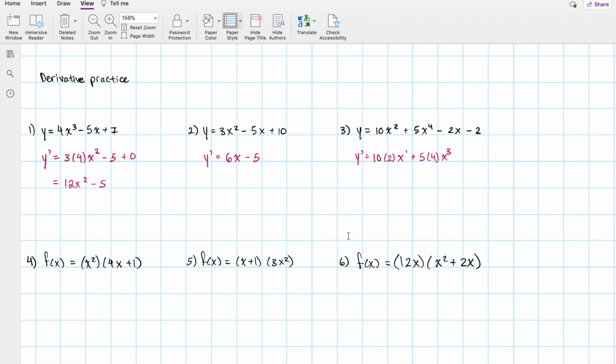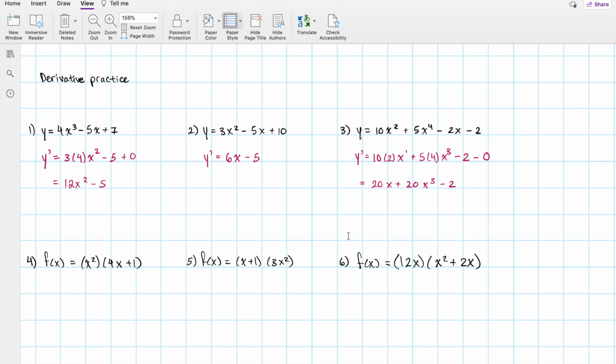Okay, moving on, minus 2x, minus, and then we have 2 and x, bring down the exponent, which is just 2, derivative of x just 1, so it's just minus 2. And then the derivative of negative 2 is 0, so minus 0. Simplifying that down, we get 20x plus 20x cubed minus 2.